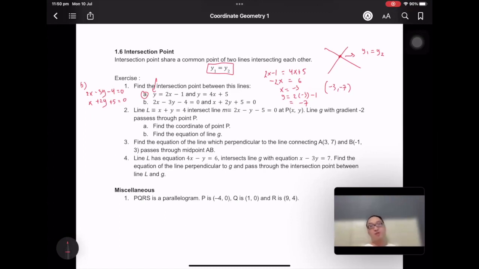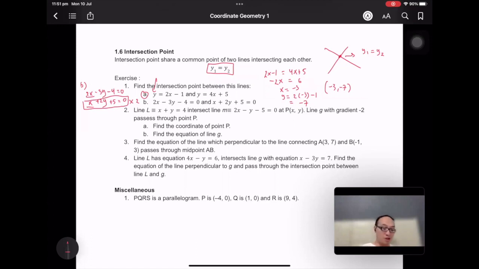To do the simultaneous equation, I have to remove one variable because we have x and y, two variables. In this case, it will be easier if I remove x. So we have 2x here, we have x here. So I have to multiply the second equation by 2.